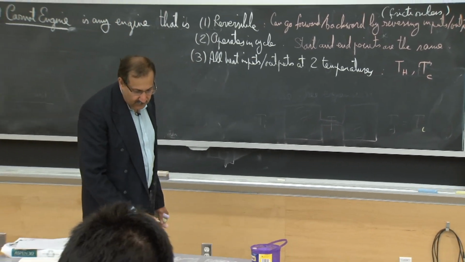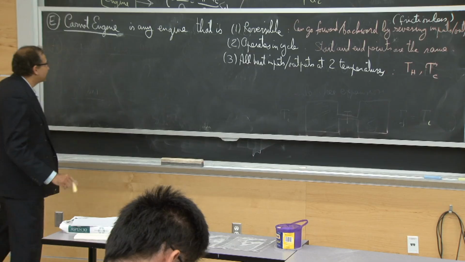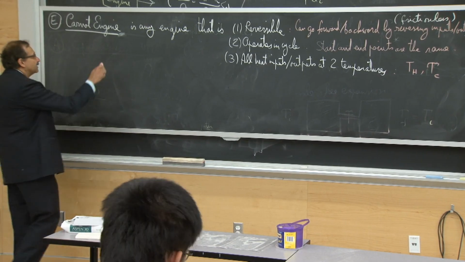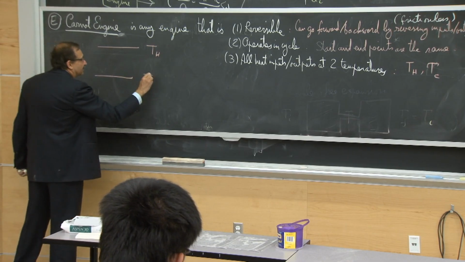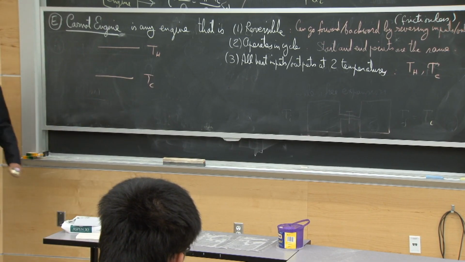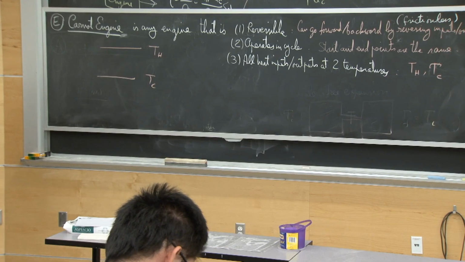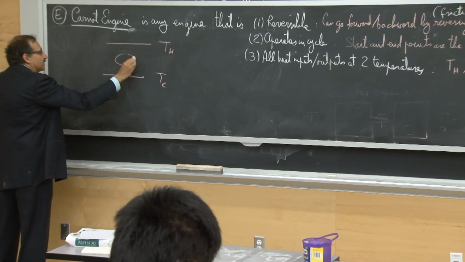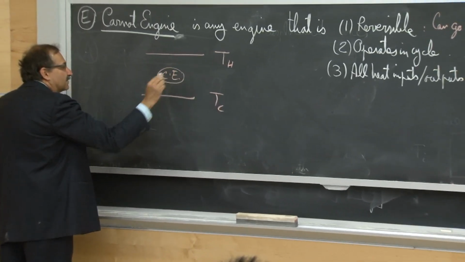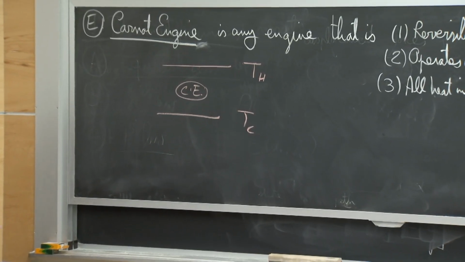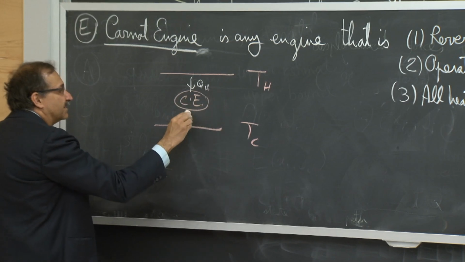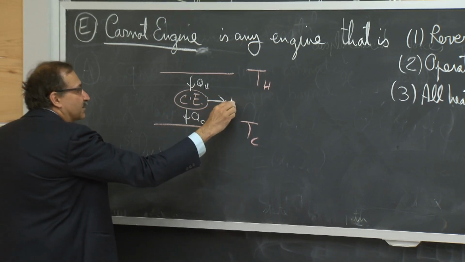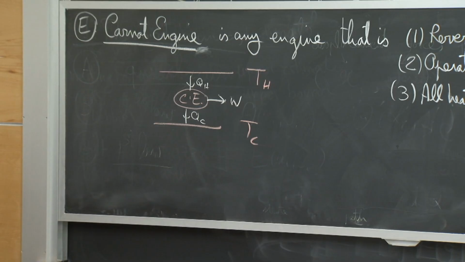So for the Carnot engine, I can now draw a diagram that would be a kind of straight line version of what I had before. And the Carnot engine will be extracting a certain amount of heat, QH from here, QC from here, doing a certain amount of work.